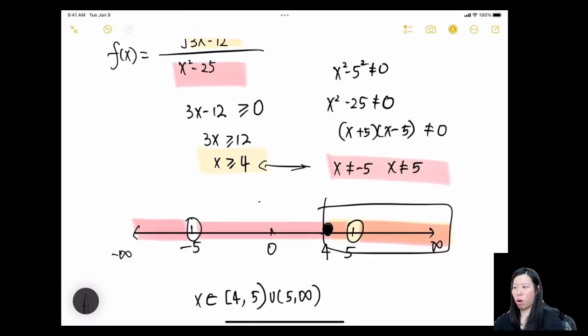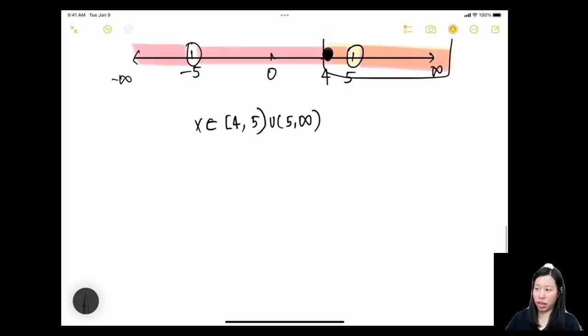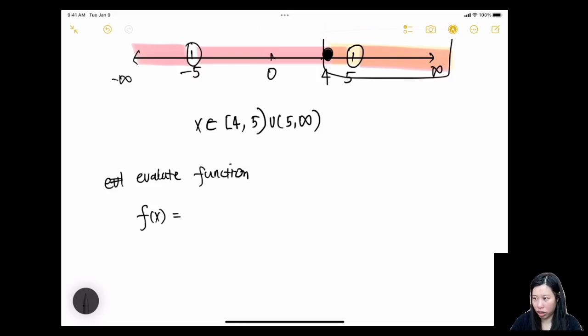Okay, so the next part, I think lots of you can do that. It's called evaluate each function. So they've given you a function, f(x) equals 4x minus 4. They want you to find f of 0.